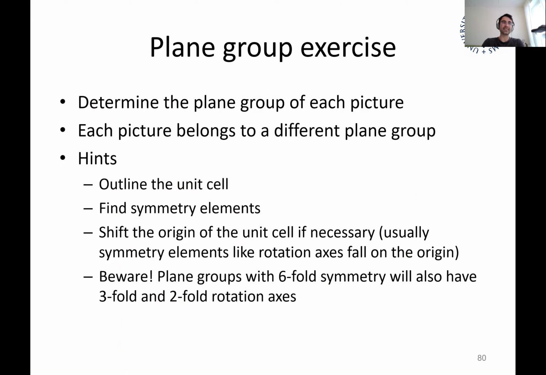And I think it's a good exercise because it helps you see symmetry better. That's something that's really useful if you're a crystallographer, to be able to identify the symmetry yourself by eye. Because sometimes you end up working in the wrong space group, and it's important to be able to catch that.